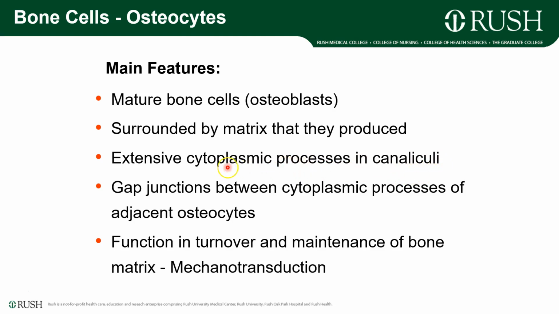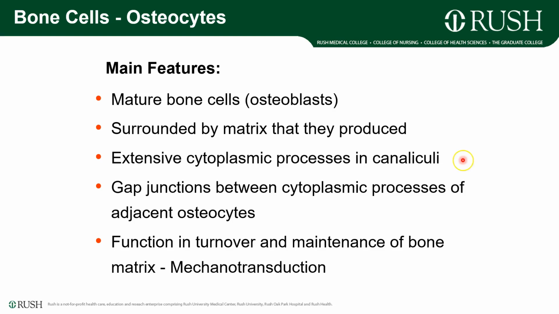So let's define what we mean by cytoplasmic processes. Cytoplasmic processes are like extensions of the cells themselves, extending out from the cells. And canaliculi are the channels within the matrix through which these processes pass.